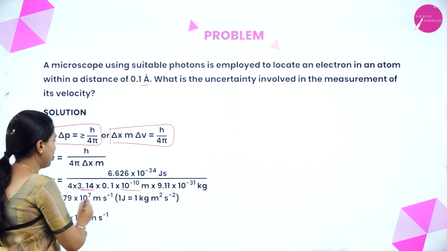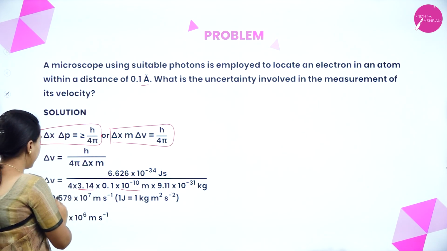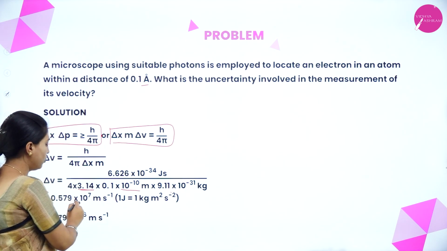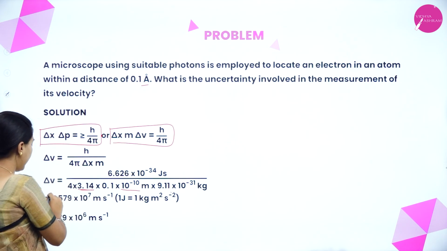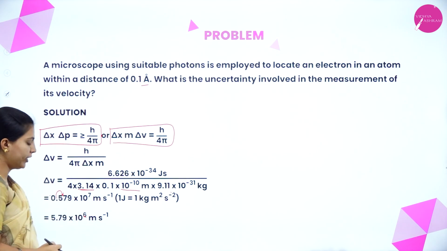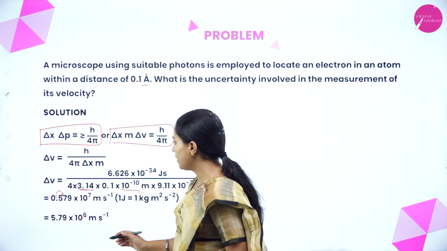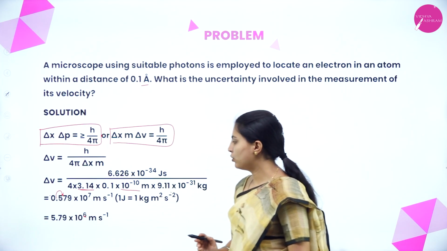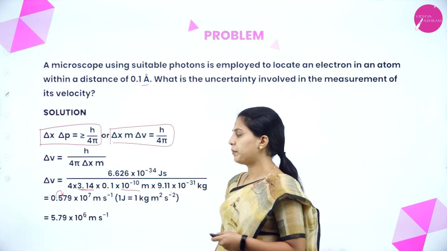After substituting this, we will get 0.579 into 10 to the power of 7. They are changing the position of the decimal, so the power will be decreased to 6. The overall value is 5.79 into 10 to the power of 6 meter per second.